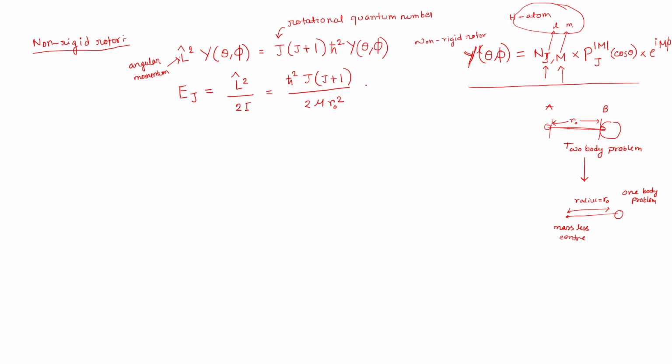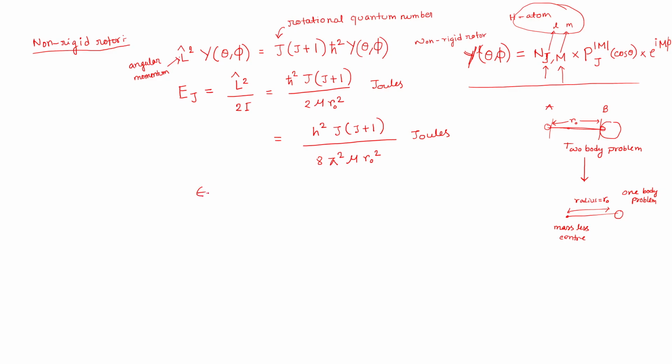This energy is in joules. I can write it in this form also: h bar square J into J plus 1 over 8 pi square mu r naught square, in joules. But in the spectrum we will talk in centimeter inverse.